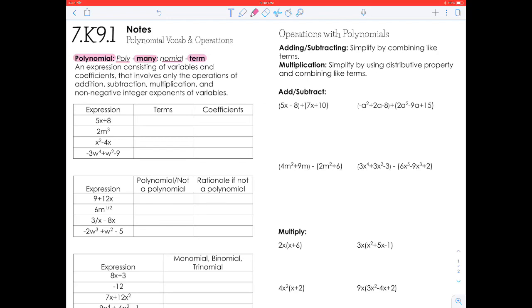So it's got to be an expression. Any mathematical expression that consists of variables, so any letters representing numbers, coefficients, that involves only the operations of addition, subtraction, multiplication, and then non-negative integer exponents.